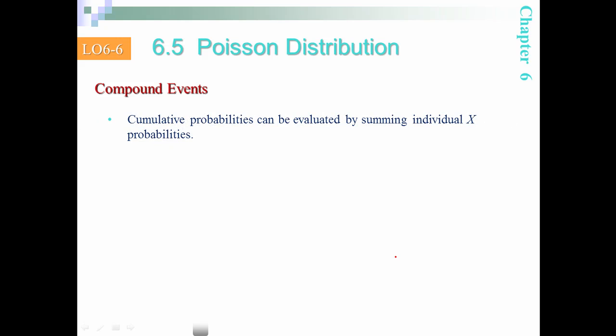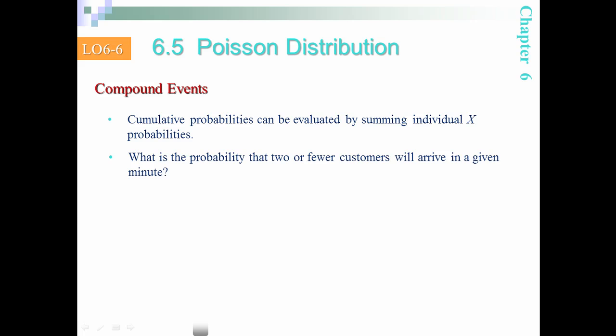We can talk about compound events, in other words, cumulative probabilities, which can be calculated just by summing the probabilities for different values of x. For example, what's the probability that 2 or fewer customers will arrive in a given minute? That's the probability that x is less than or equal to 2, so 0, 1, or 2. We can find those values in Excel.